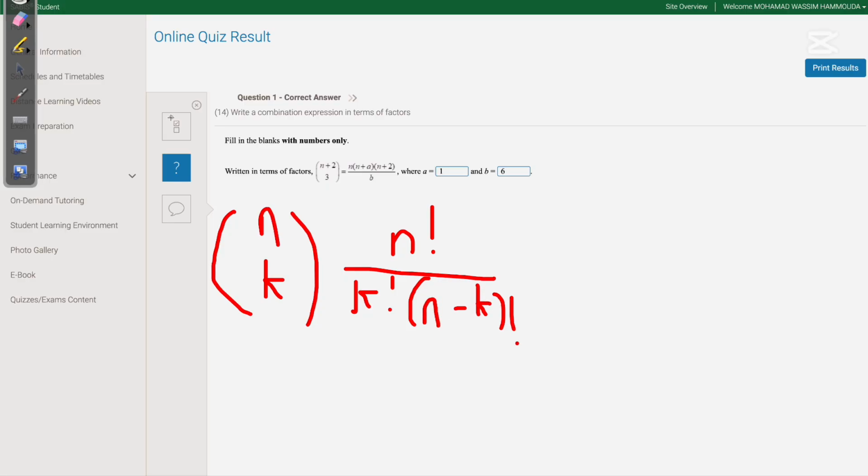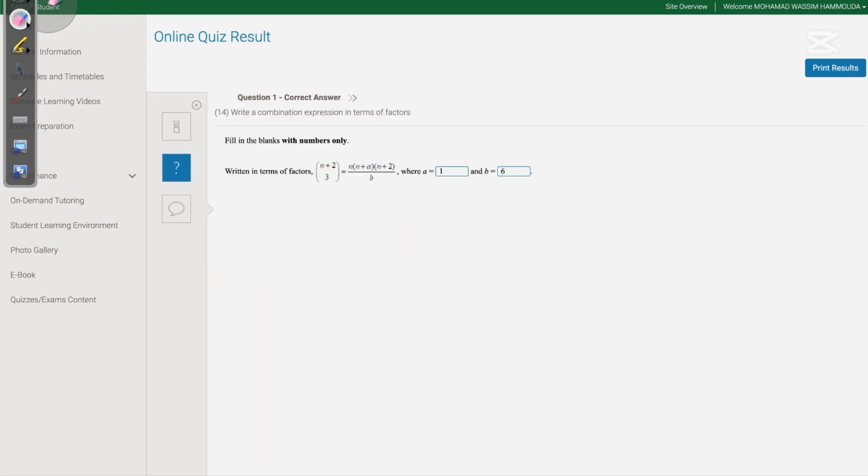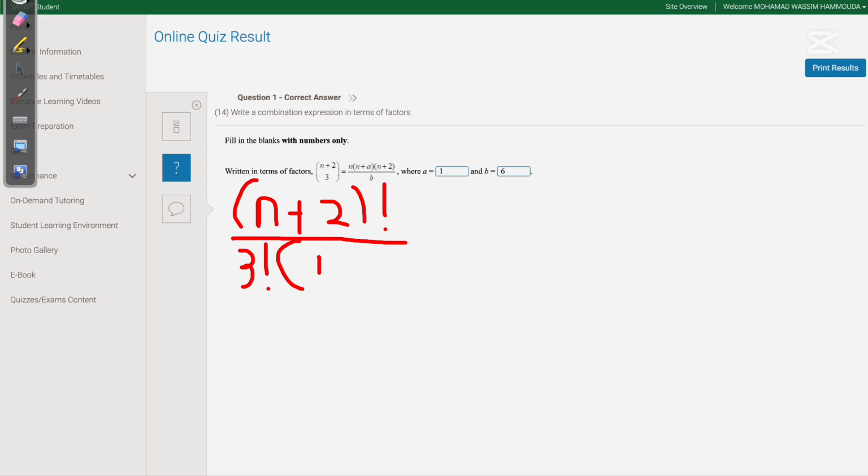Okay, so now let's start solving this question. First of all, let's start with the numerator, which would be (n+2) factorial over 3 factorial times ((n+2) minus 3) factorial, all of it factorial.